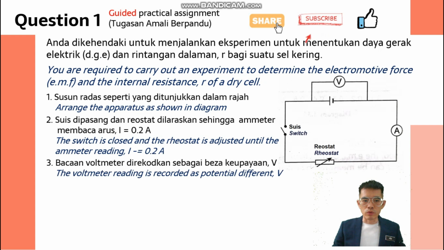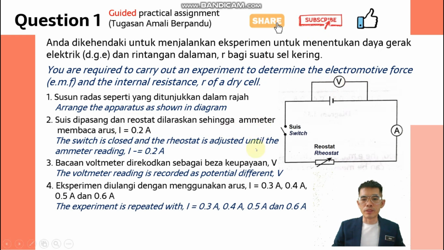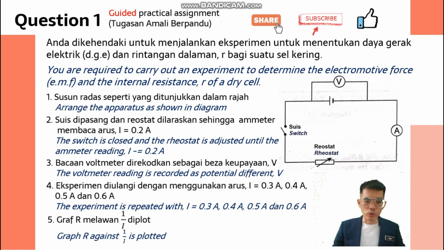After that, you have to record the reading of the voltmeter, and then repeat the experiment by adjusting your rheostat to get your second current value of 0.3 ampere, recording the voltmeter reading again as your second data, and then repeat for I equal to 0.4, 0.5 and 0.6. Okay, in step number 5, you have to plot a graph of R against 1 over I.